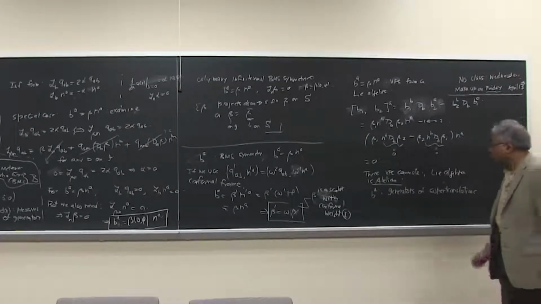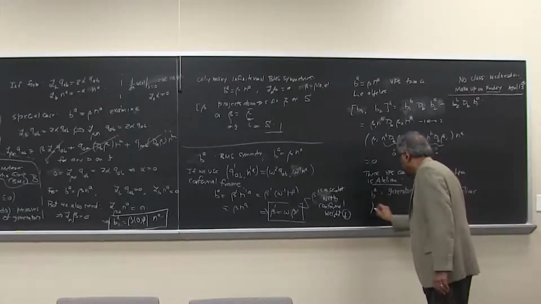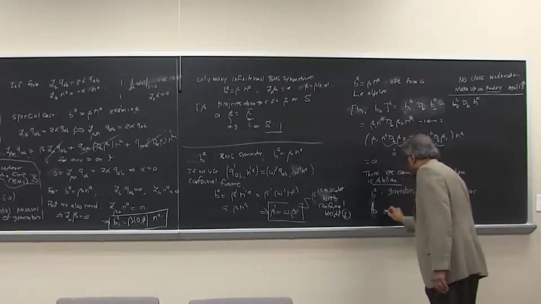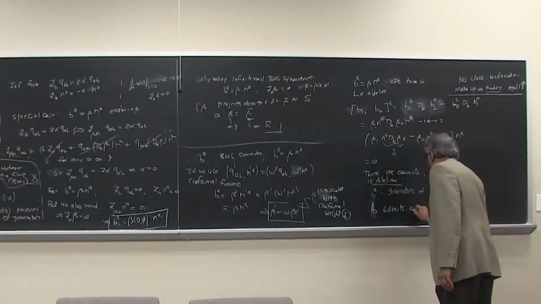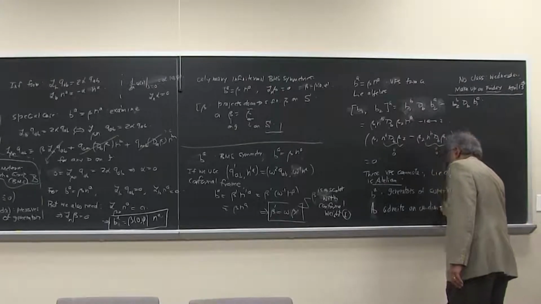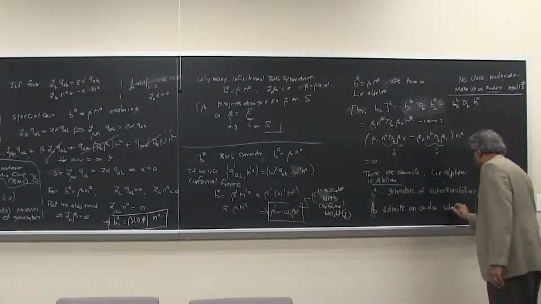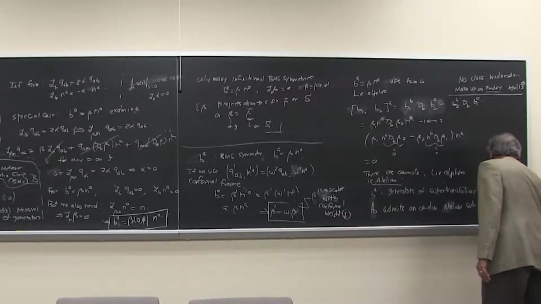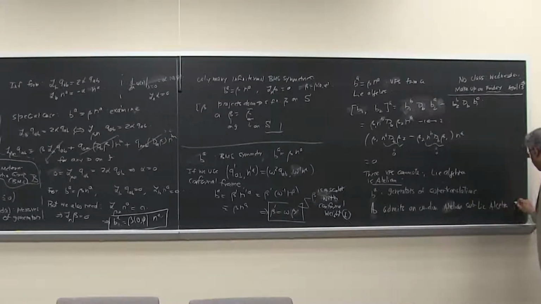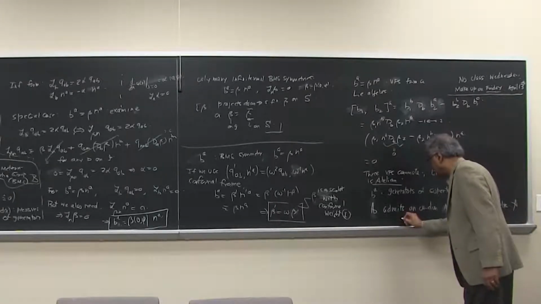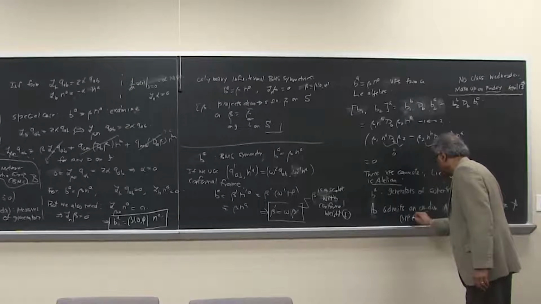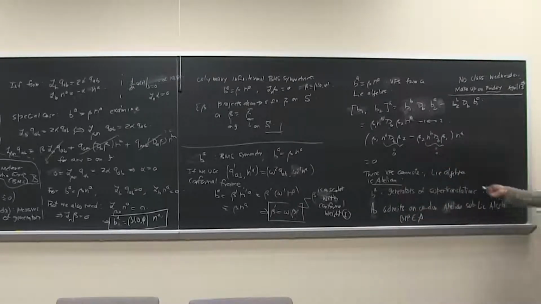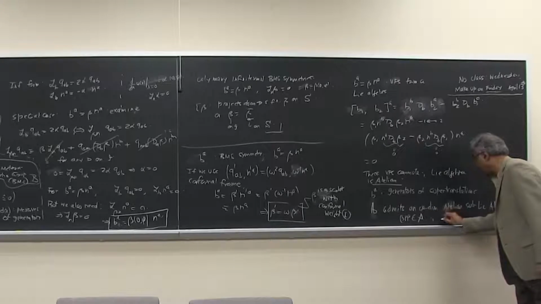So what we have found is that the BMS Lie algebra admits an infinite dimensional abelian sub-Lie algebra, and this we'll call S. So the vector fields of the type beta times NA belong to this S, which is a super translation subalgebra, where Lie of beta is equal to 0.